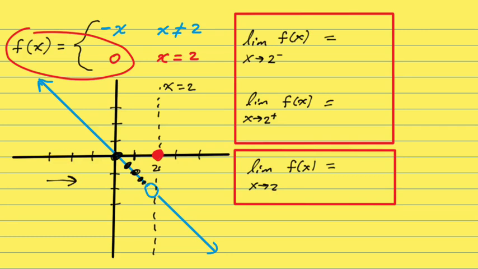As I get closer to 2, what are the y values getting closer to? Negative 2. As I approach from the right, what are these y values getting closer to? The same y value, right? Isn't it also approaching negative 2? Does it approach the same y value from the left and the right? If it does, that would be your limit for the general limit.